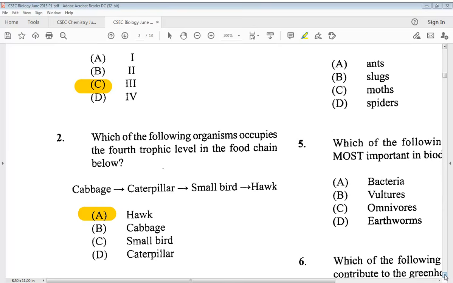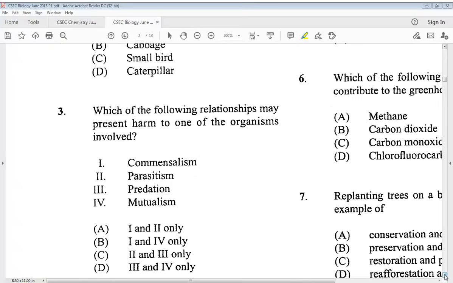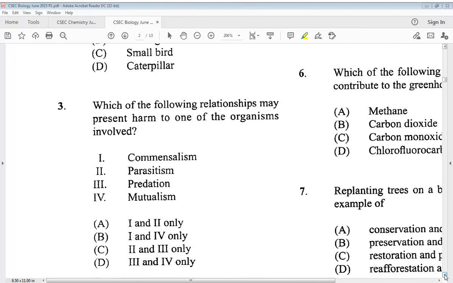Let's go on to number 3. Which of the following relationships may present harm to one of the organisms involved? 1, commensalism, 2, parasitism, 3, predation, or 4, mutualism. The answer for 3 is C, 2 and 3.